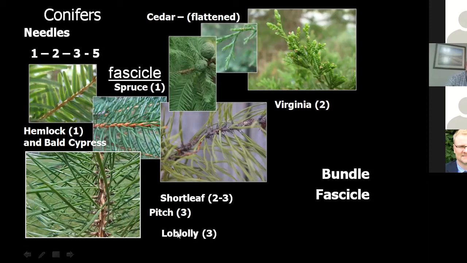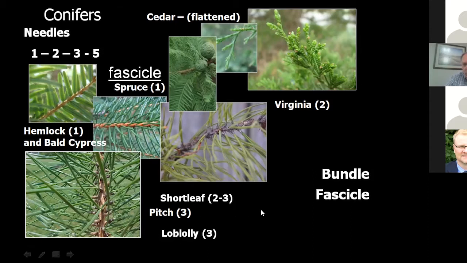But the difference between the loblolly and the pitch is that the pitch is very coarse. The needles are extremely tough and rigid, whereas on the loblolly pine, they're very soft and delicate. Even though they're very long, up to 1 foot in length, it's a much more flowing tree than the pitch pine.